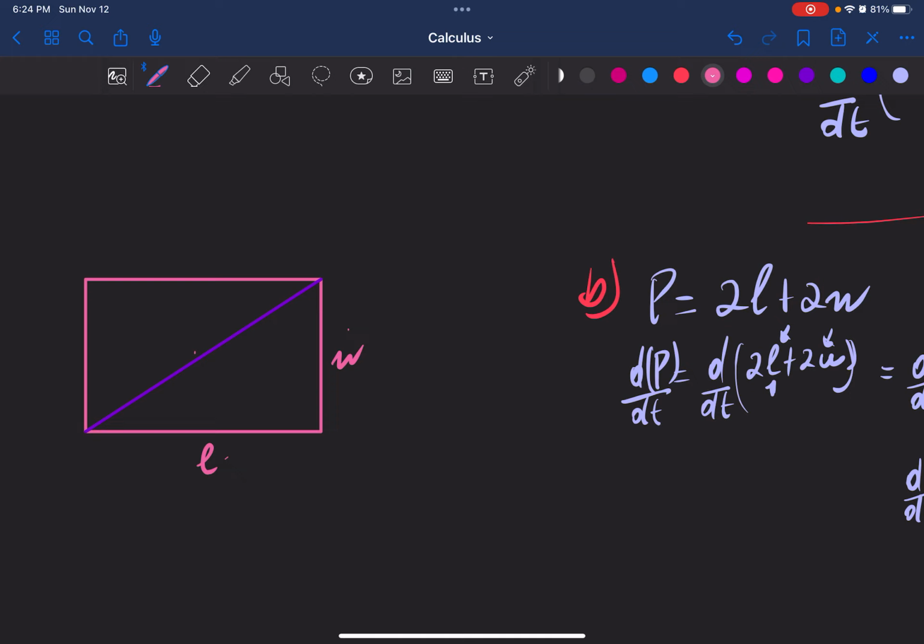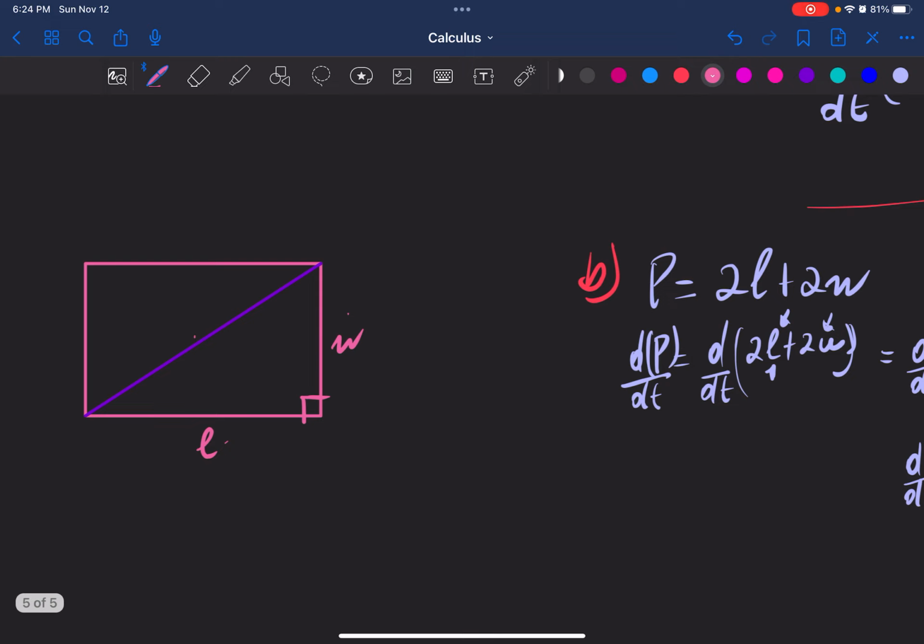When I see this, it reminds me of a right triangle with this 90-degree angle. This reminds me that I can use the Pythagorean theorem, which says that the longest side of a right angle triangle, let's say I'm going to call it C, satisfies A squared plus B squared is equal to C squared.